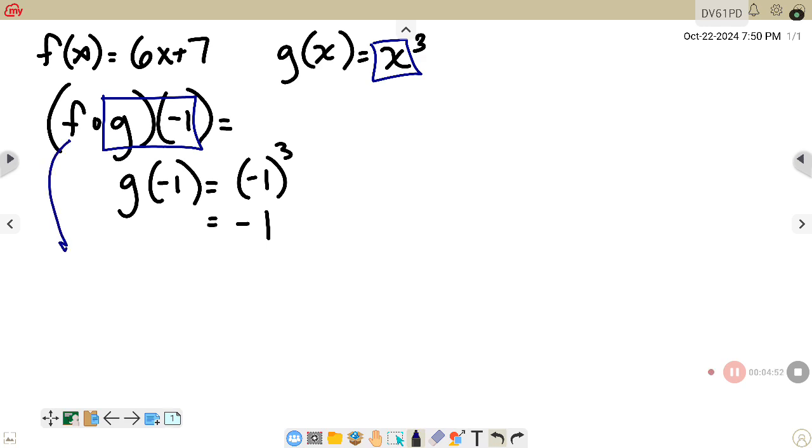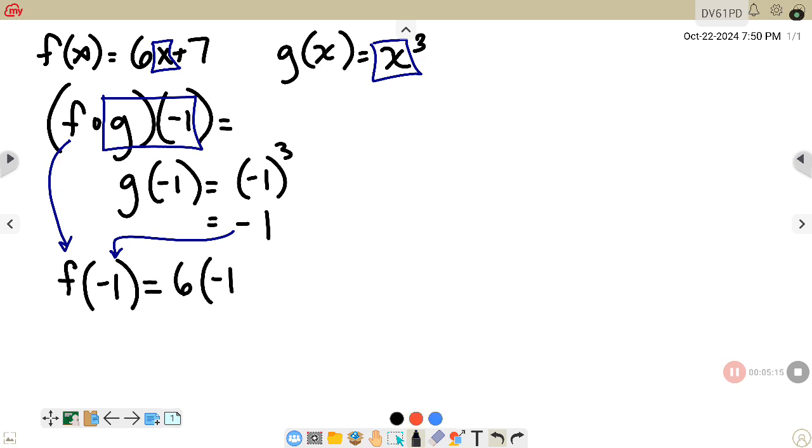I will bring down this f, and I am finding f of that last answer, which was negative 1. So that tells me to go to my f function, and I'm going to replace its x with the negative 1. So I have 6 times negative 1 plus 7. 6 times negative 1 gives me negative 6 plus 7, and negative 6 plus 7 gives me 1.